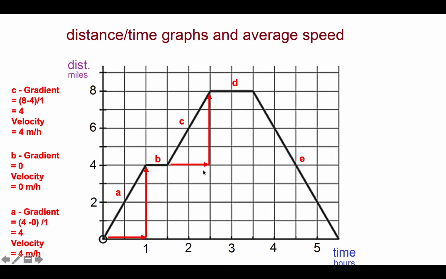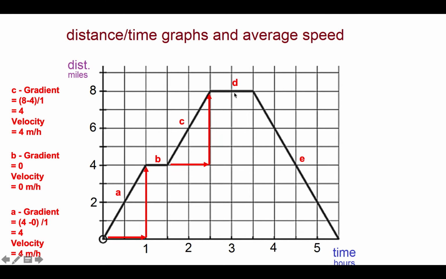And we've gone across 1, from 1.5 to 2.5 hours. So that gives us 8 minus 4 divided by 1, which is 4. So our gradient is 4 at that point. And remember, distance divided by time is the speed or velocity. So 4 divided by 1 gives us a velocity of 4 miles per hour.